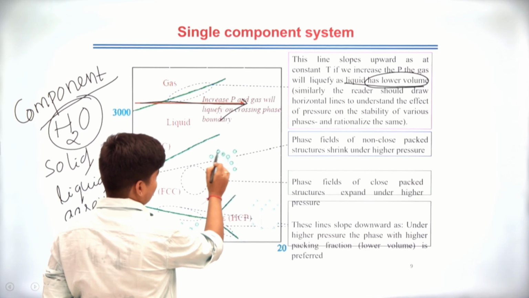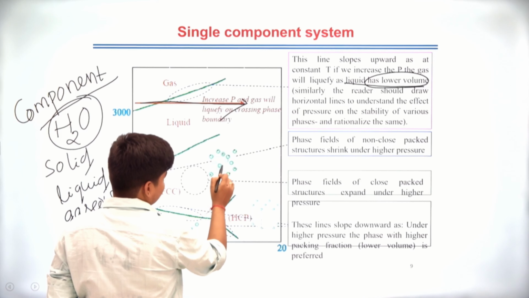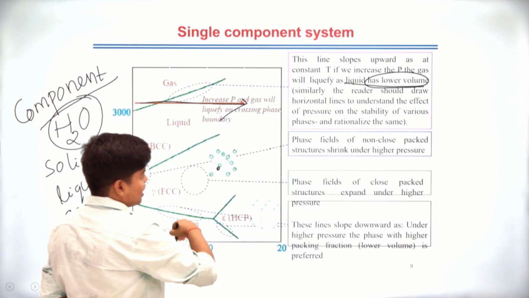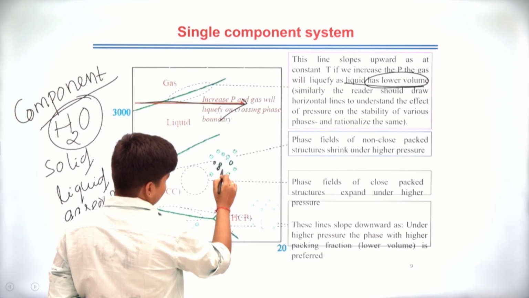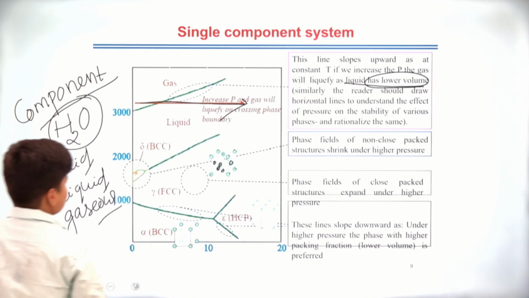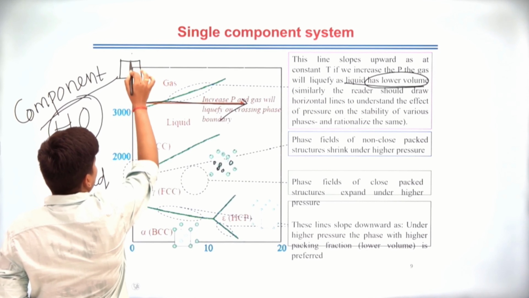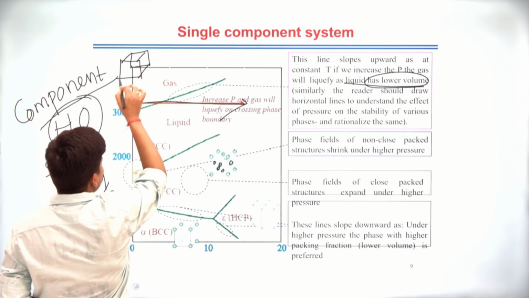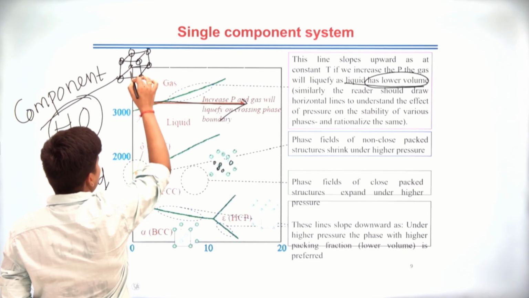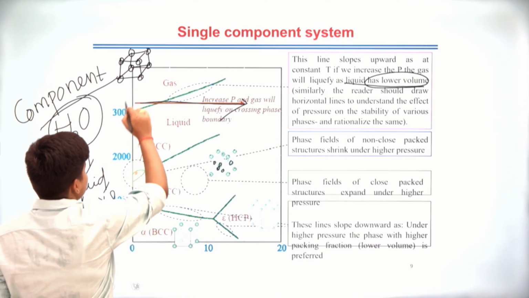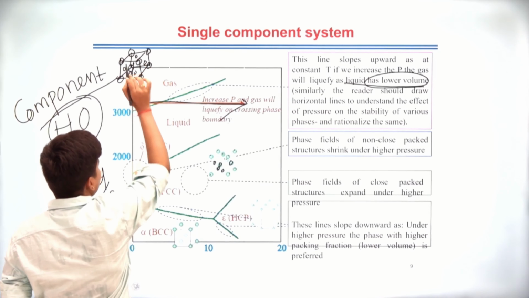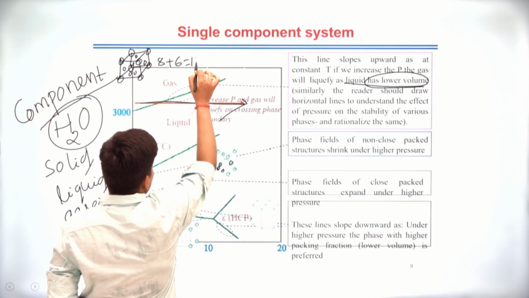FCC means lattice points at the 8 corners of the cube, and the cube has 6 faces, with one face-centered lattice point on each face. In the FCC structure, you have a cube like this, with lattice points at the 8 corners and one face-centered lattice point on each face: front face, back face, upward, downward. With 6 faces, the total lattice points are 8 plus 6, that is 14 lattice points in FCC.